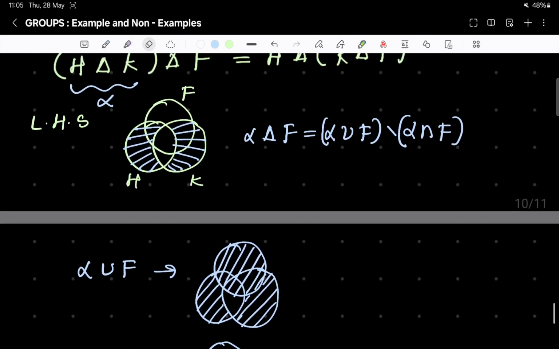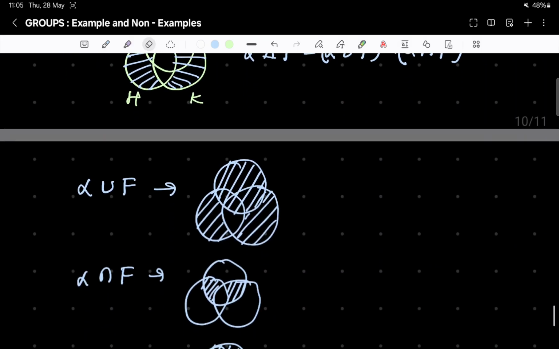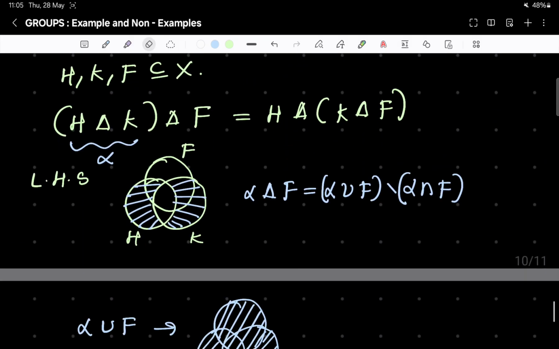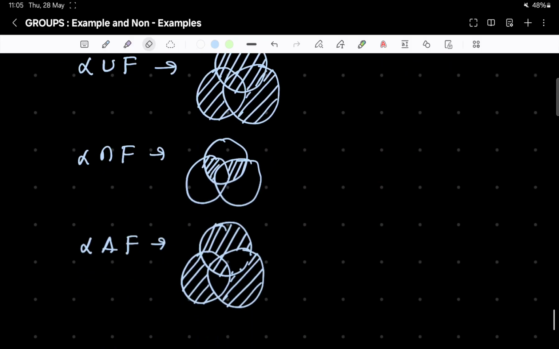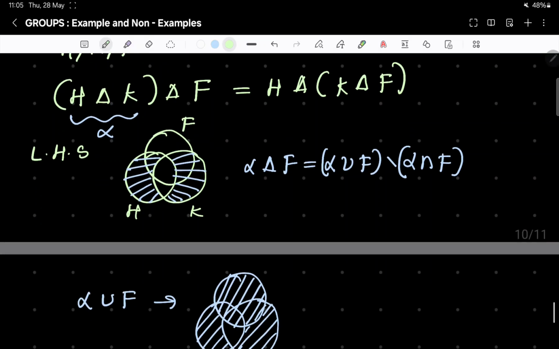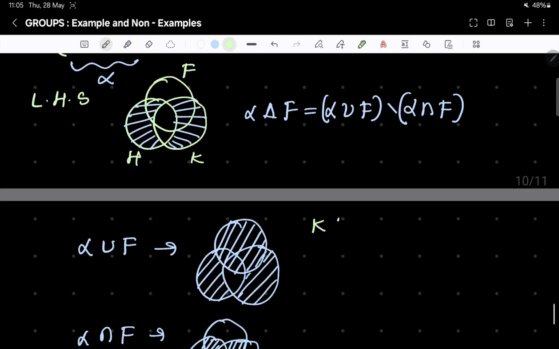So you try to prove that the same thing happens for K. Here let's take K symmetric difference F, which is some beta.